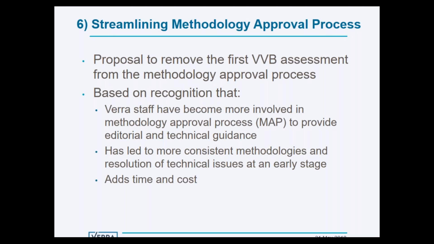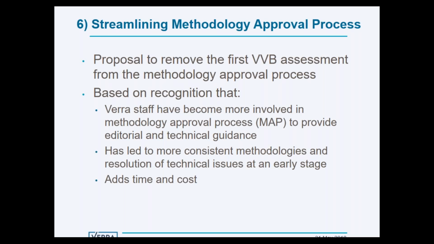This proposal is based on a recognition that Verra staff in recent years have become more involved in the methodology approval process to provide editorial and technical guidance, which has really led to 2 things, which in our view are good: more consistent methodologies in terms of the way that they're structured, the way that the language reads and so on, and also that we've been able to resolve many technical issues at an early stage.